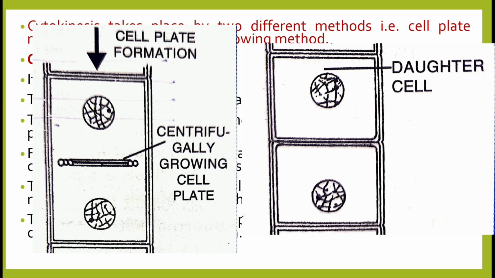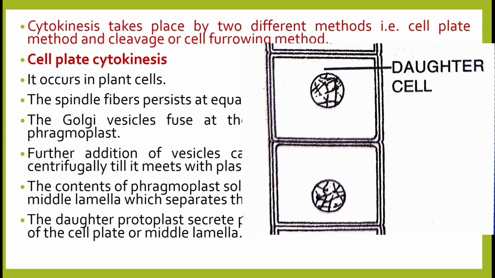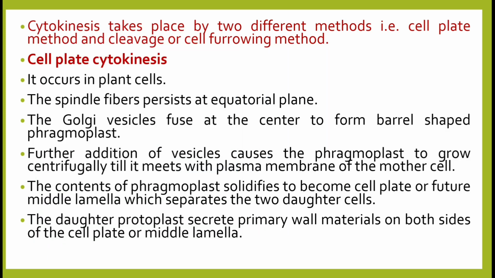Further addition of vesicles causes the phragmoplast to grow centrifugally till it meets the plasma membrane of the mother cell. The contents of the phragmoplast solidify to become the cell plate or future middle lamella, which separates the two daughter cells. The daughter protoplasts secrete primary wall material on both sides of the cell plate.